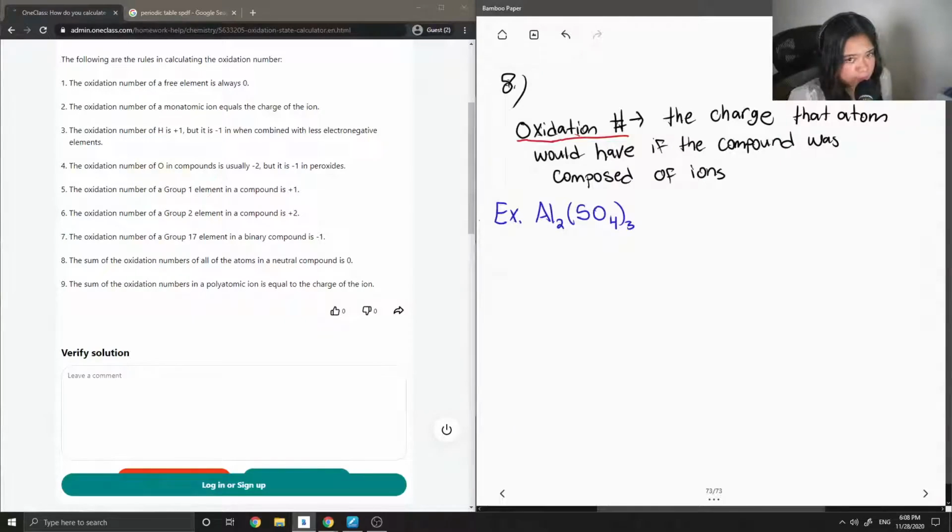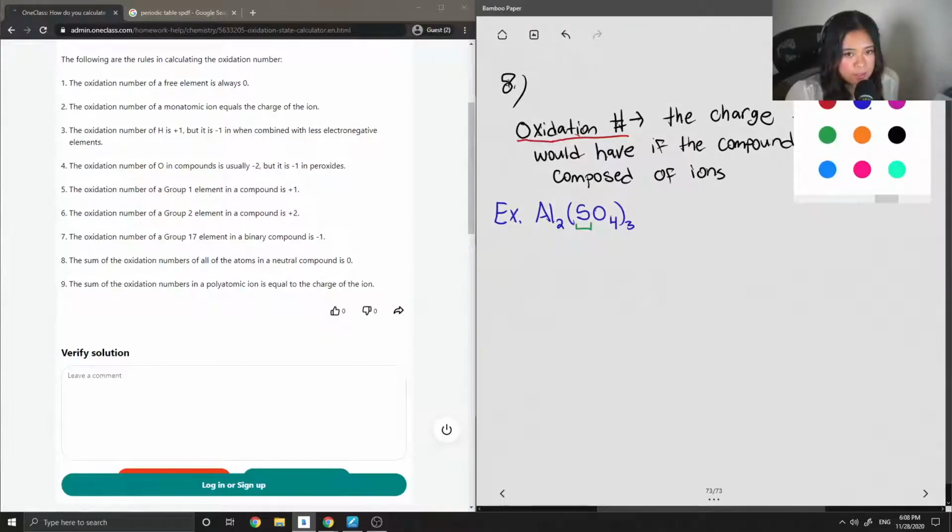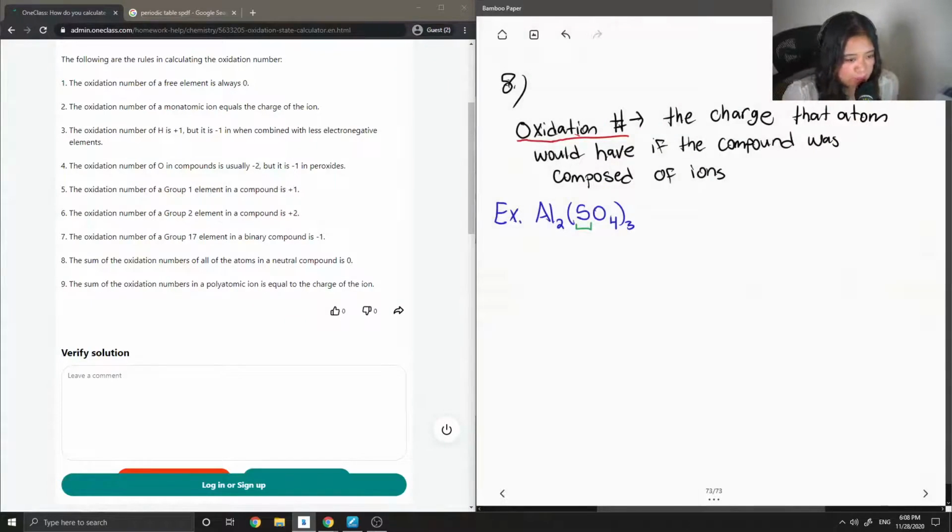Let's say we had aluminum sulfate, and we want to find the oxidation number of the sulfur atom. So this compound is neutral, so I'm going to write a 0.